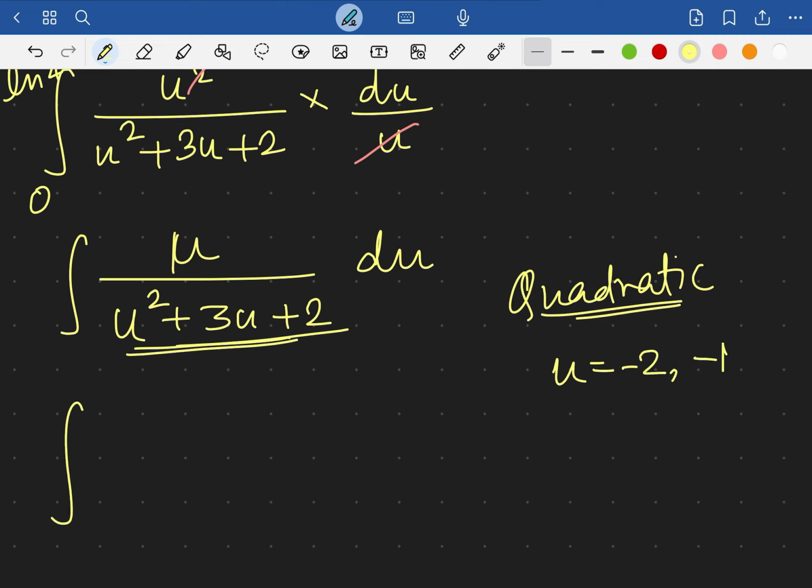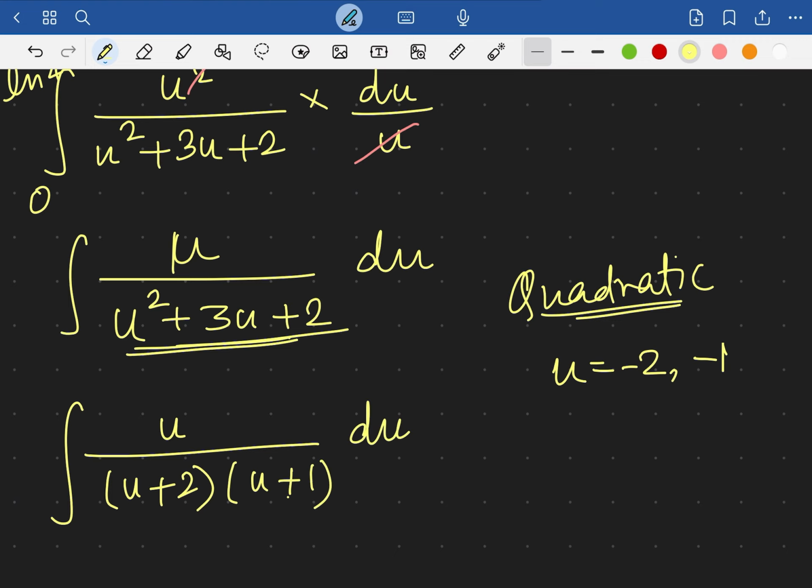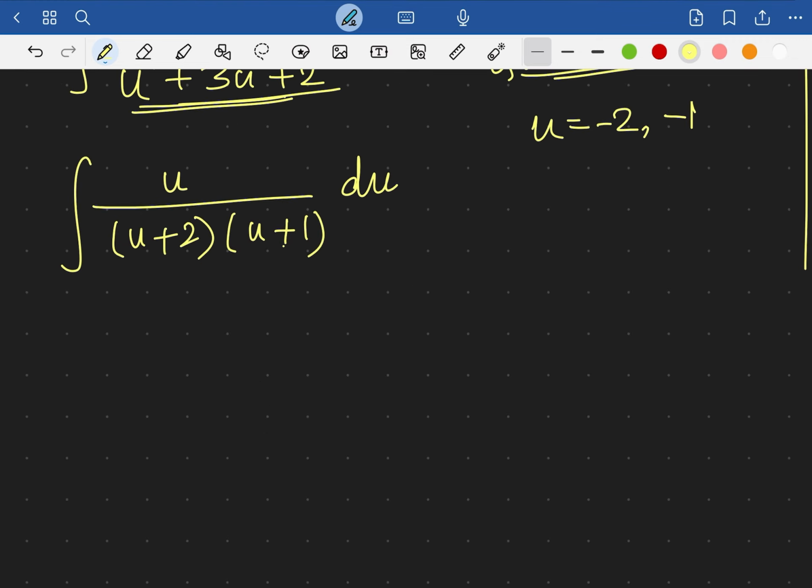Hence, I will write it in this factorized form, that is, u over u plus 2 times u plus 1 du. From here, again, we cannot integrate this directly. First, I'll have to simplify it into partial fractions.